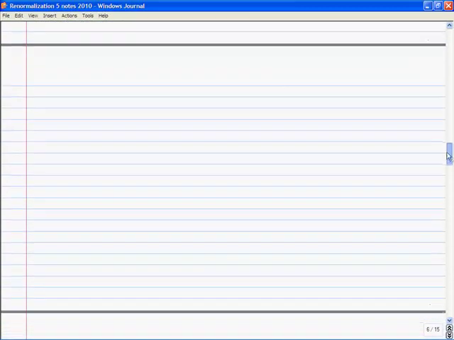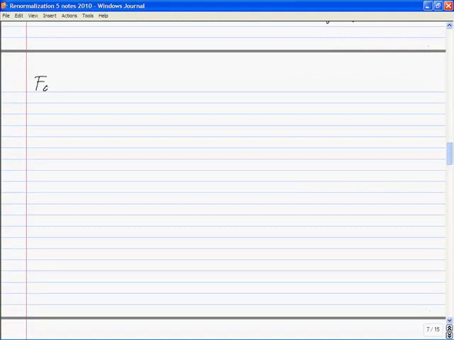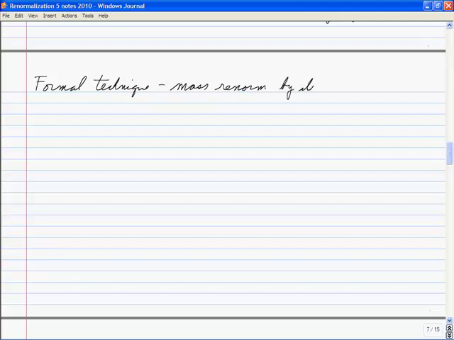So let's do the formal technique. I'm going to do this in 2 steps. I'm going to do mass renormalization by itself. So first I just do mass renormalization.